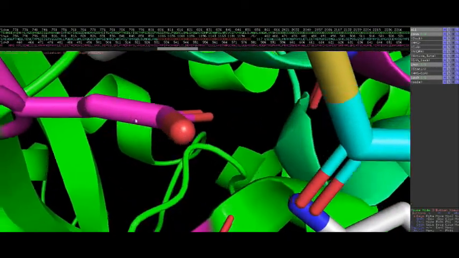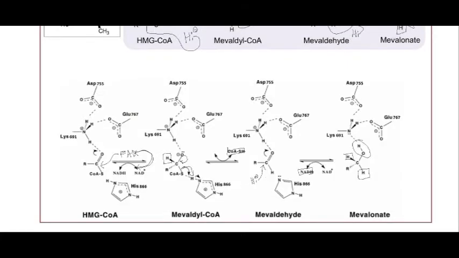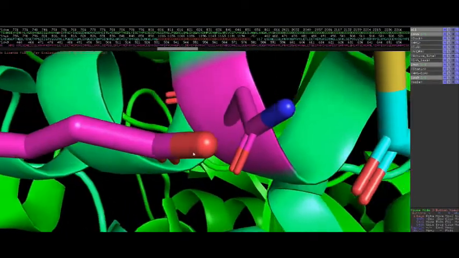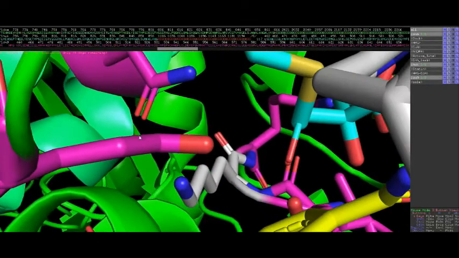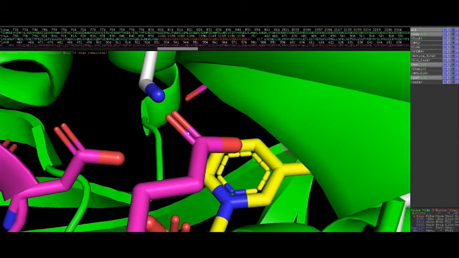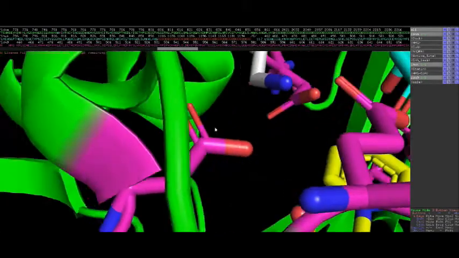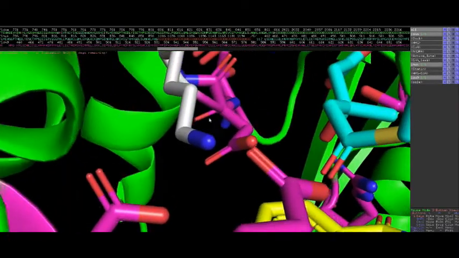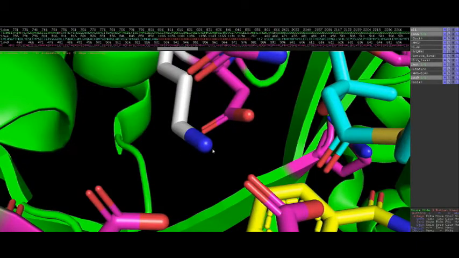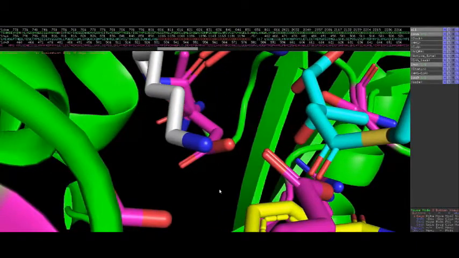And we could see in the mechanism that this lysine is held in place by aspartate 755 and glutamate 767, and we can see that in this structure. So this right here in purple is the glutamate, and right here is the aspartate, and they are right next to this positively charged lysine side chain, sort of holding it in place.